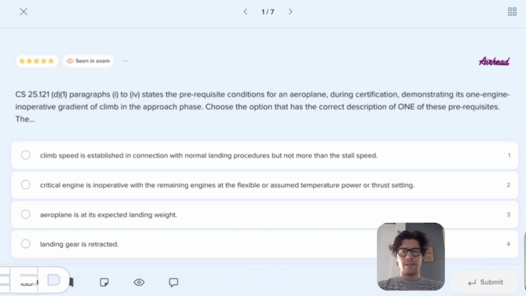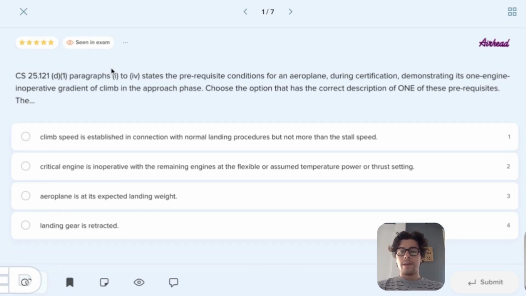And of course, if this is a scenario during which you're doing a climb gradient from the approach phase, you will always have full or takeoff thrust in the operable engine, as this will give you the most unfavorable yawing moments towards the dead engine. That is why here in this case, the landing gear retracted makes the most sense.